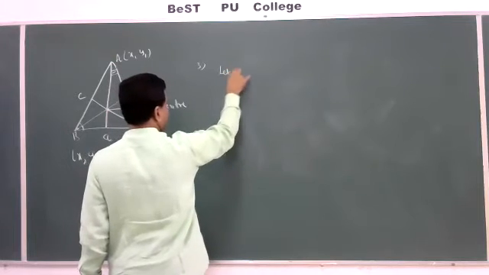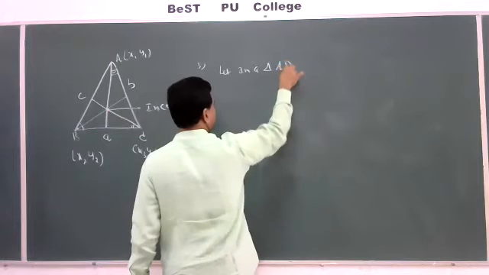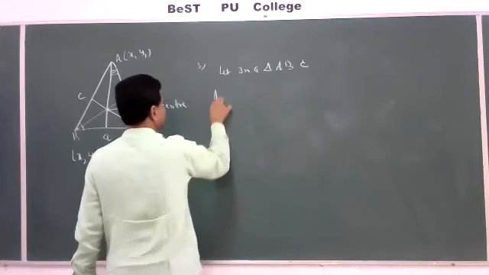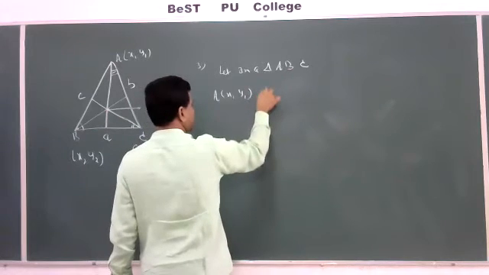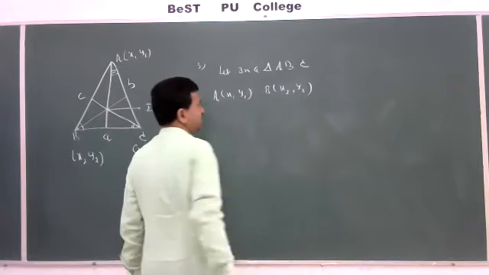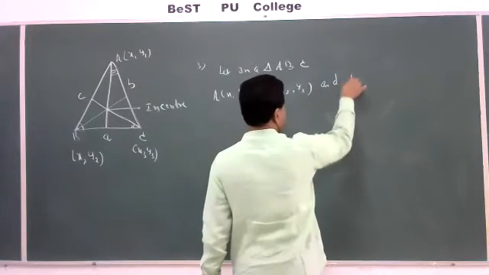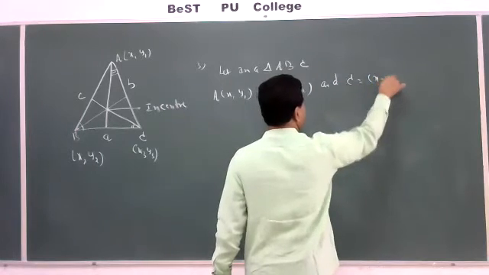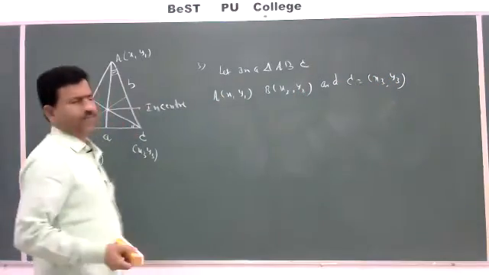Let in a triangle ABC, A is (x1, y1), B is (x2, y2) and C is (x3, y3).